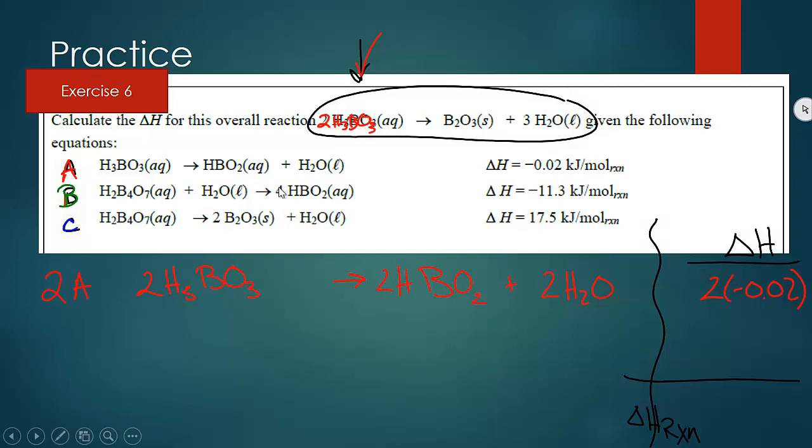Boron oxide only appears in equation C. But there are 2 boron oxides in equation C. So I don't need all of equation C, I only need half of equation C. So I'll simply add that to my list of reactions.